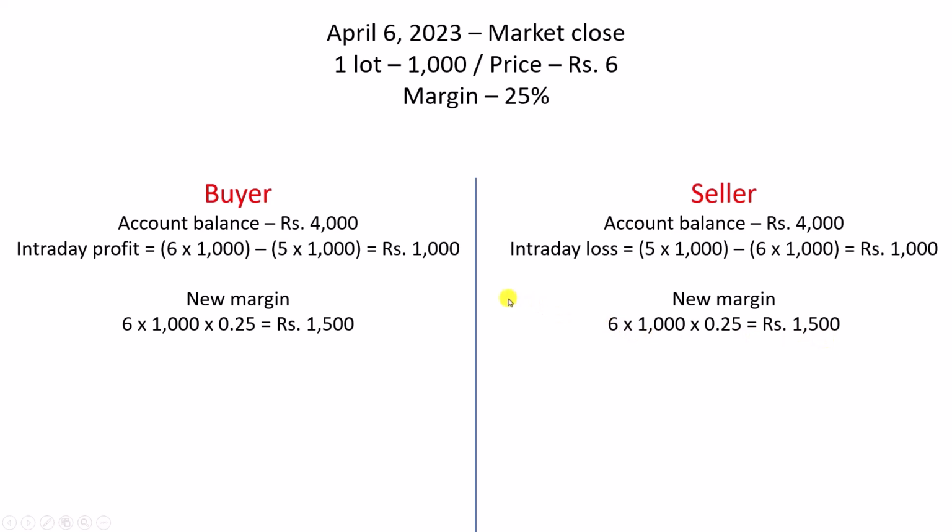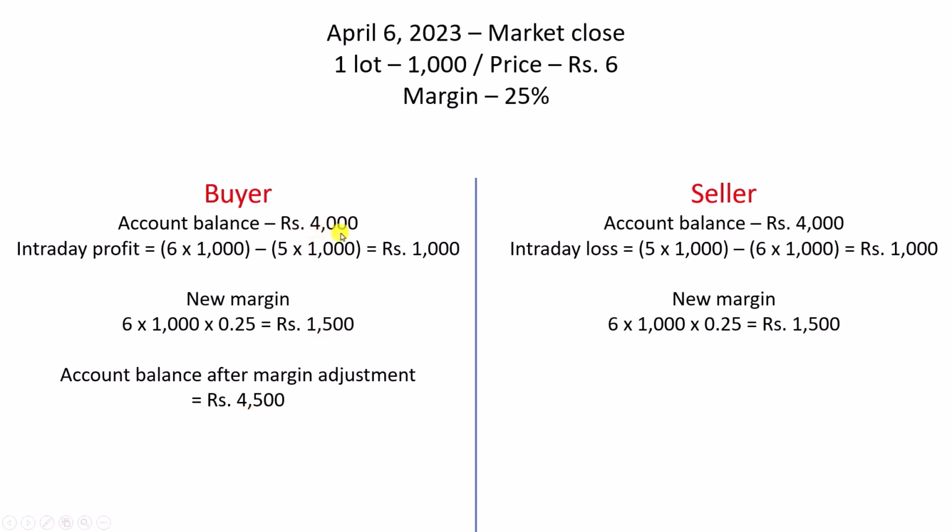Now, if you are a beginner, this calculation may look confusing to you. So once again, instead of confusing you more, I am going to explain a simple way of calculating this. Next, account balance after margin adjustment is 4500. How did I get this?